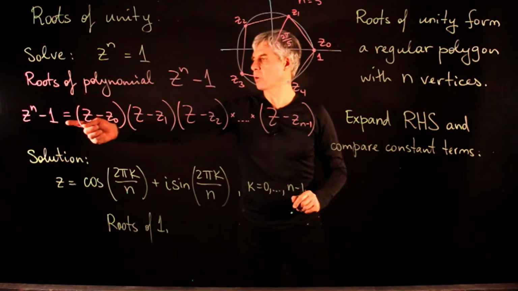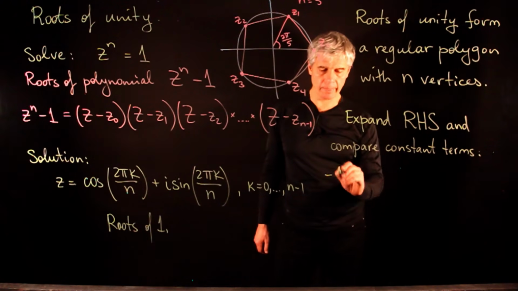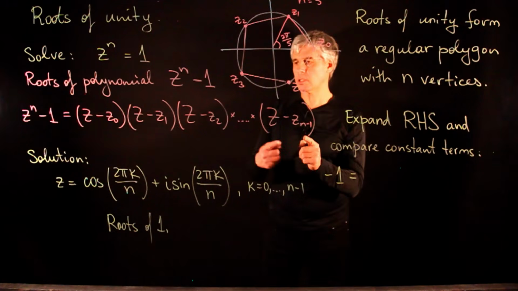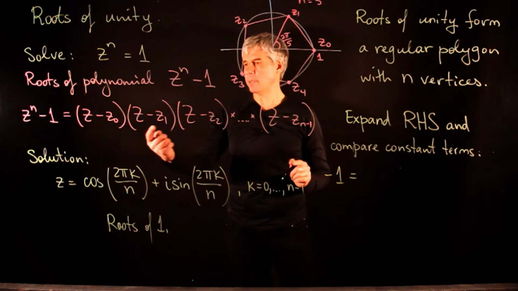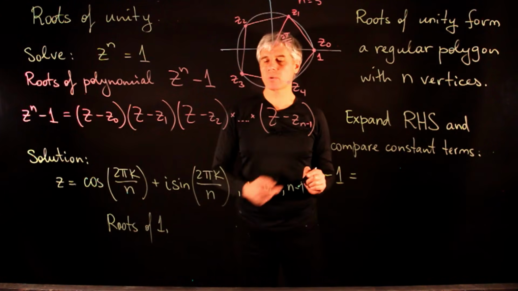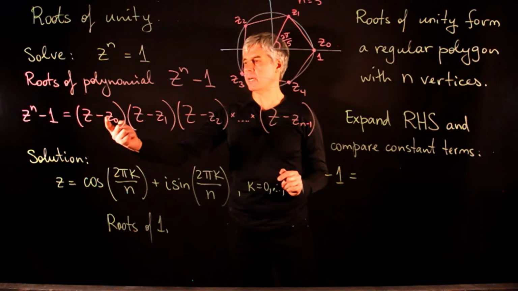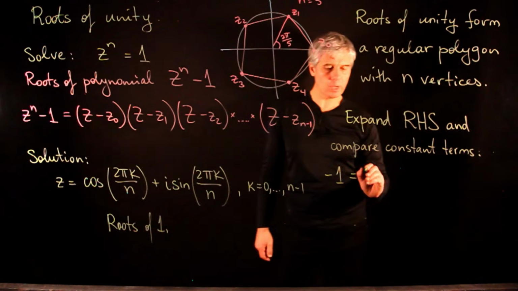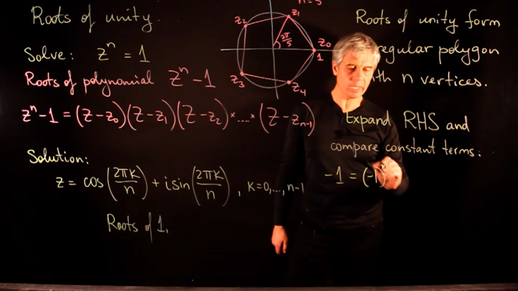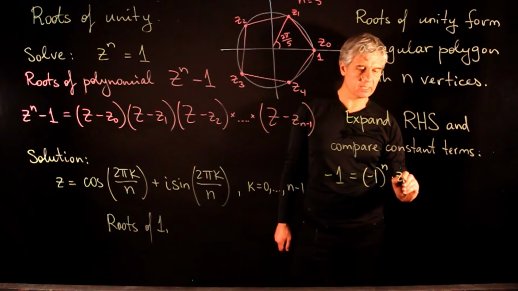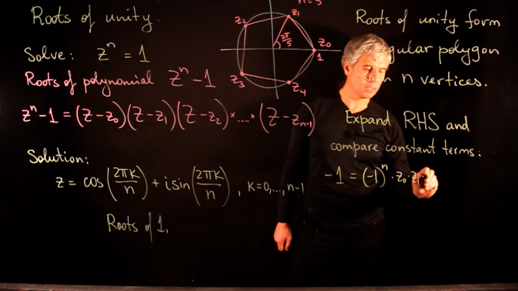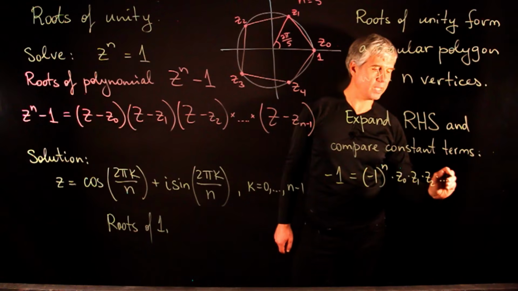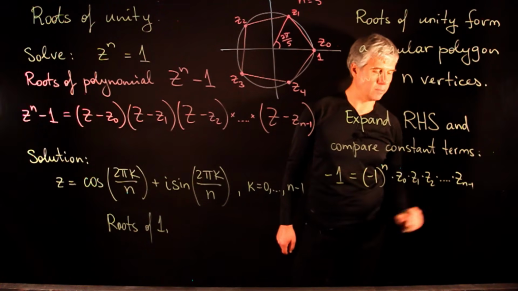On the left, the constant term is minus 1. And what is the constant term on the right? So this will be the product of constant terms in all factors. So we have n factors of negative 1. So we have minus 1 to the power n times z0 times z1 times z2 all the way up to z_{n-1}.